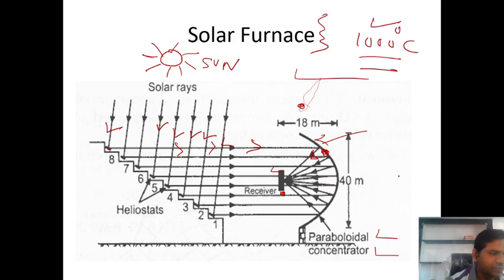Okay guys, so you see here what is the use of the solar furnace. The solar furnace is excellent for studying the properties of ceramics at a high temperature above the range of ordinary measurement in the laboratory with flames and electric currents.